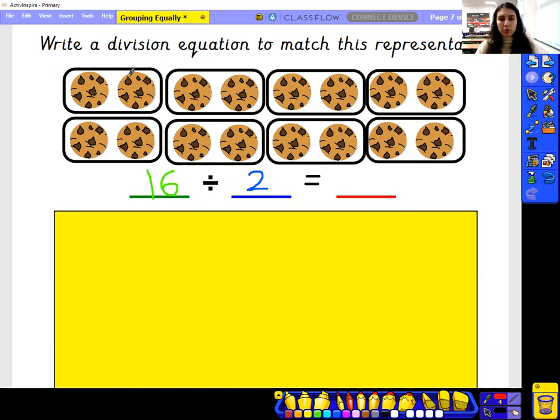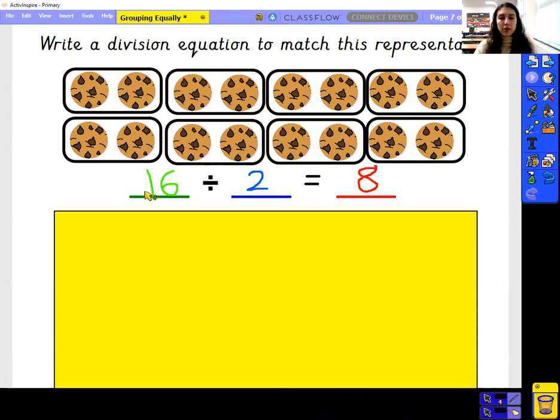Well, I've got 1 group of 2 is 2. 2 groups of 2 is 4. 3 groups of 2 is 6. 4 groups of 2 is 8. 5 groups of 2 is 10. 6 groups of 2 is 12. 7 groups of 2 is 14. And 8 groups of 2 is 16. So that gave me 8 groups of 2.